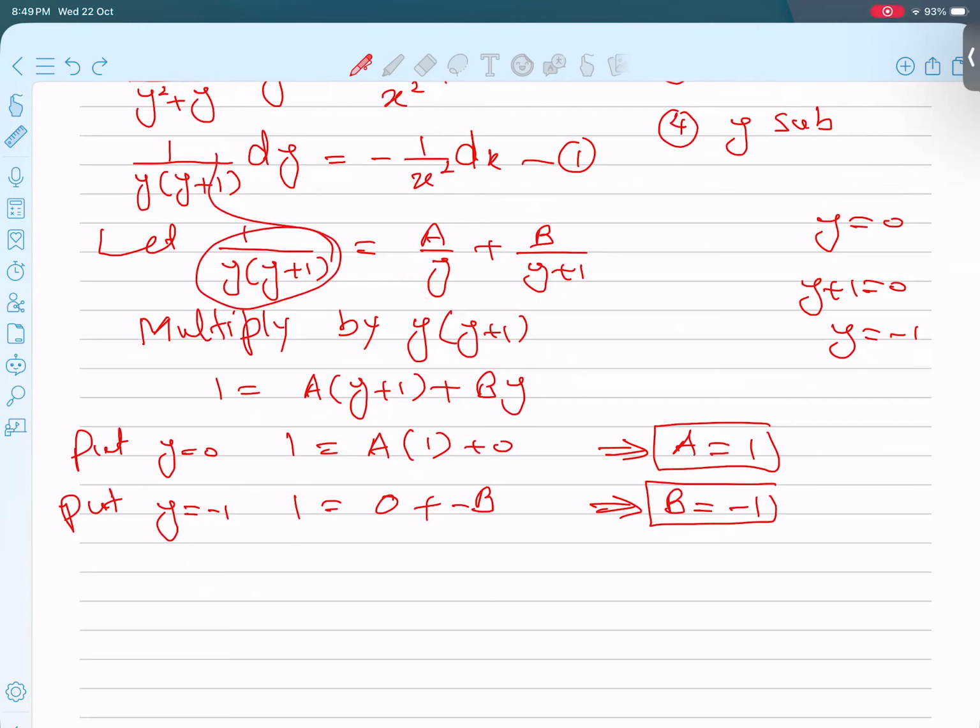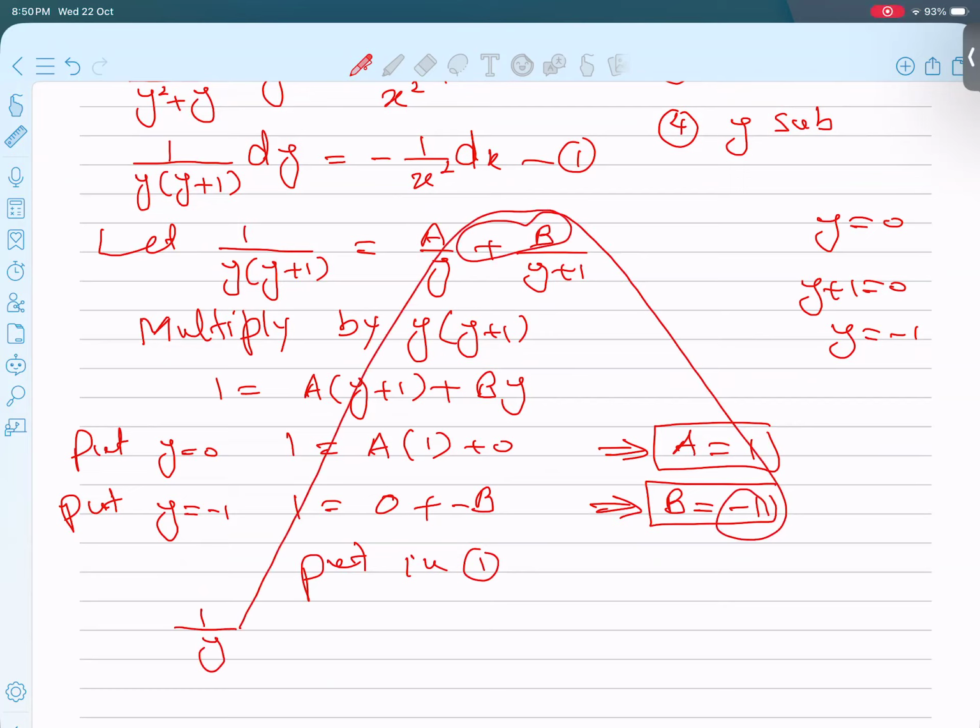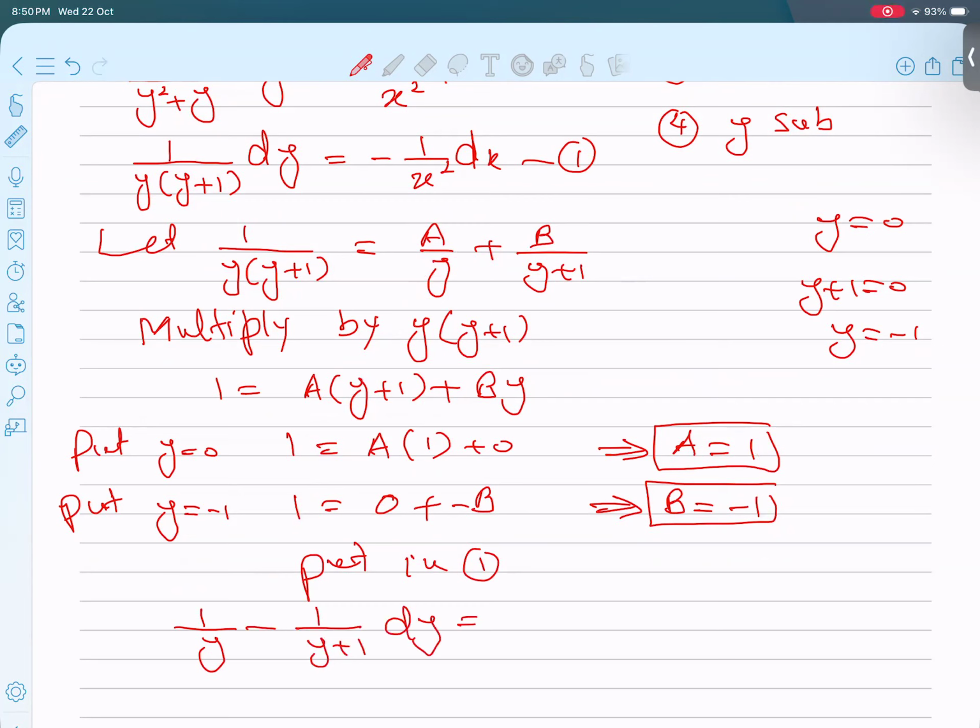So I'm writing 1 over y, and because the B value is negative, a negative sign will come: negative 1 over y plus 1 into dy is equal to negative 1 over x square dx.